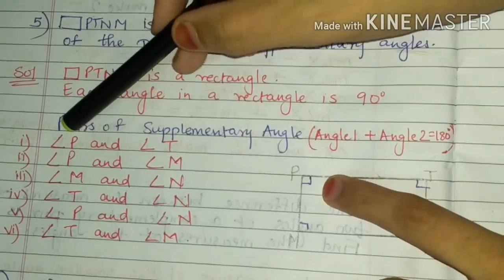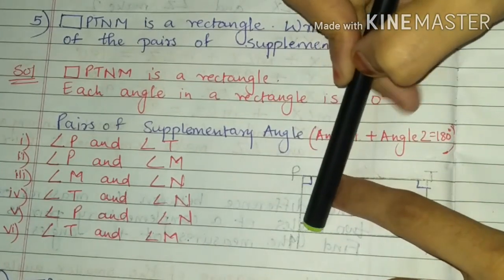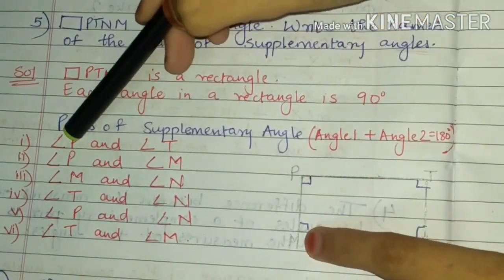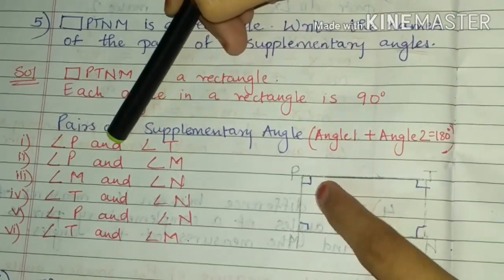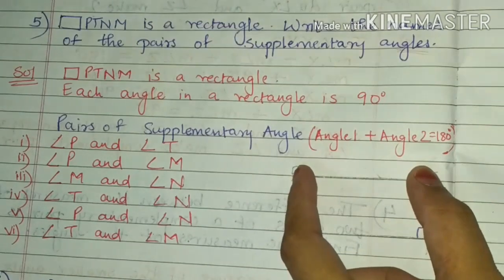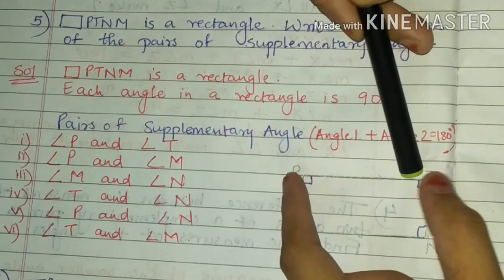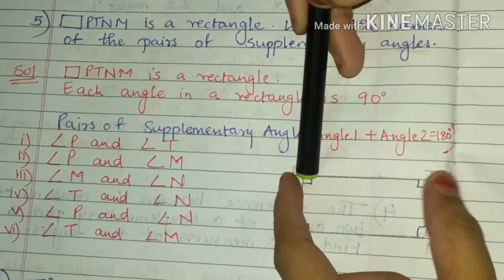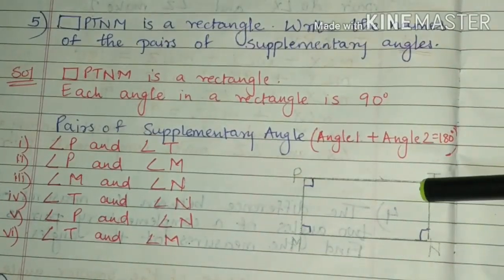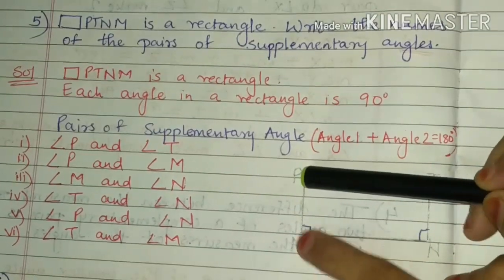So if I am taking this angle P and angle M, or see, angle P and angle T, these two angles make a supplementary pair. 90 plus 90 is 180. As each angle is 90 degrees, we have no problem, we can take any two angles.